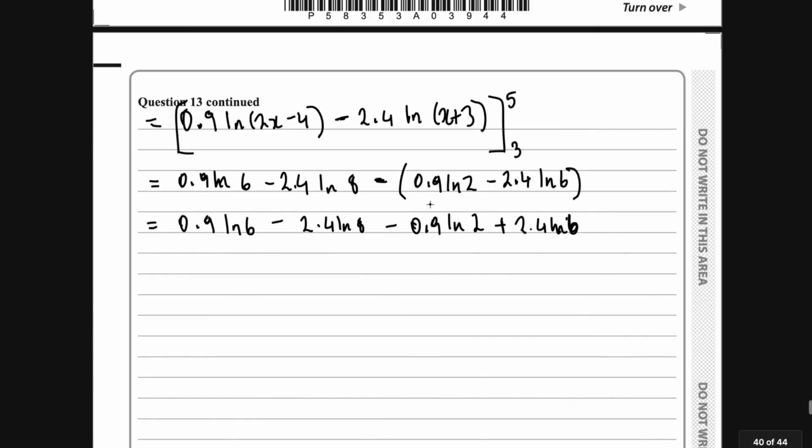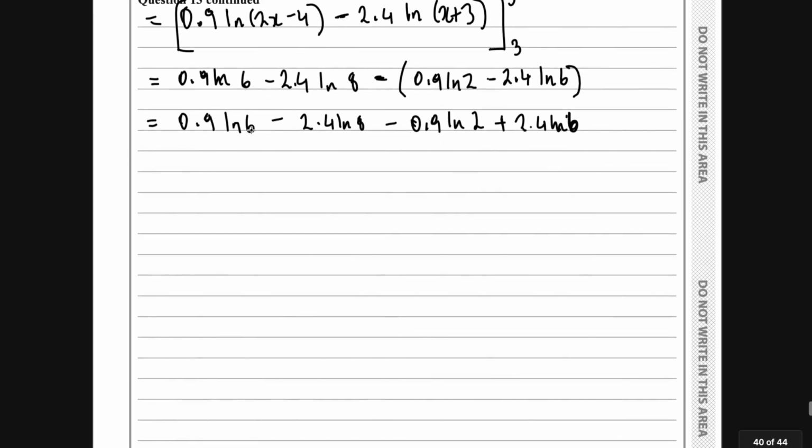So what we need to do now is manipulate these in such a way that all we've got left are just ln 2s and ln 3s. To do that, we need to use our logarithmic laws. We know that ln 6 is equal to ln 2 plus ln 3, because when you're adding two logarithms of the same base, you just multiply the numbers that each logarithm contains.